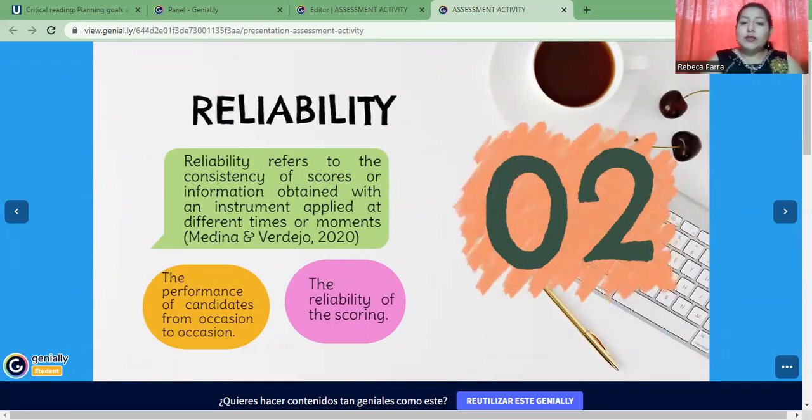To assure reliability, the author suggests giving clear directions and using rubrics for scoring and evaluating to avoid subjectivity. In this way, reliability is manifested by consistency in assigning scores to each student's performance in the task. This has two components: the performance of candidates from occasion to occasion and the reliability of the scoring.